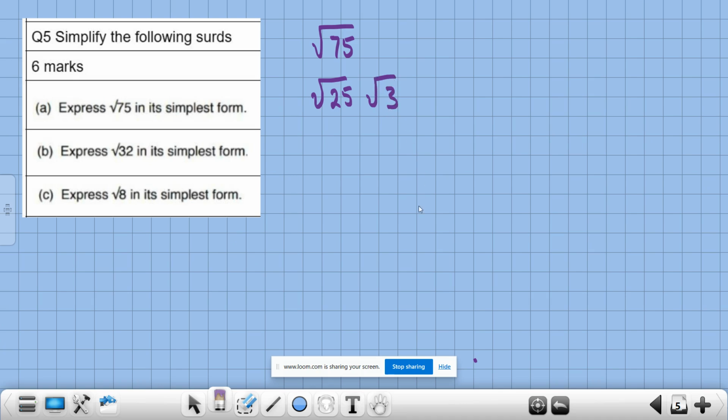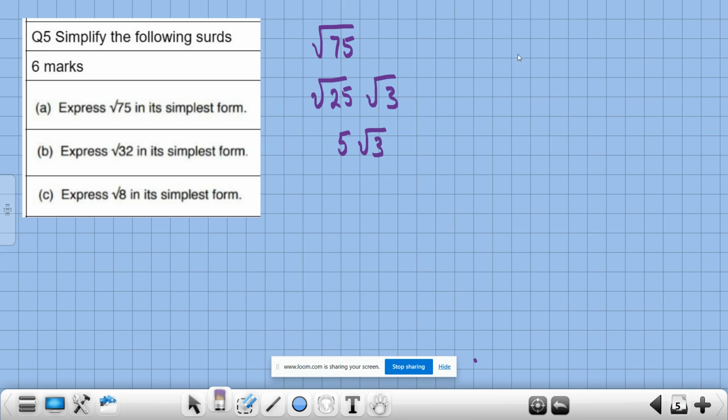We've split it up into 2 factors. And then from that, we can find that one of those parts is solvable. The root of 25 is 5, and we are left with root 3. So root 75 can be simplified to 5 root 3 because one of the factors was a square number, and therefore we could find the square root of it.